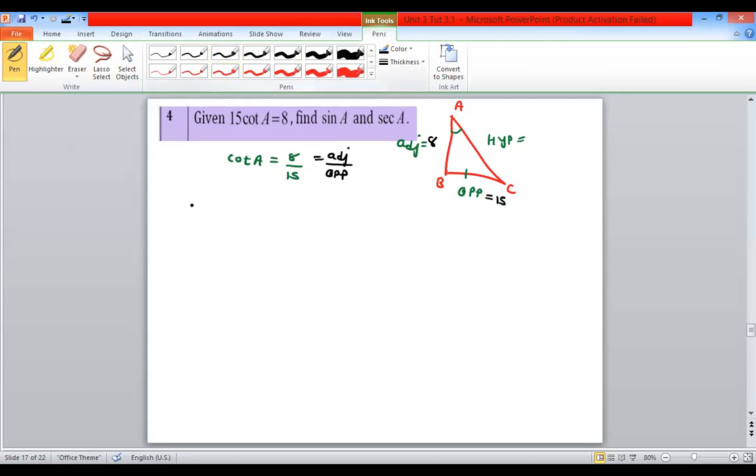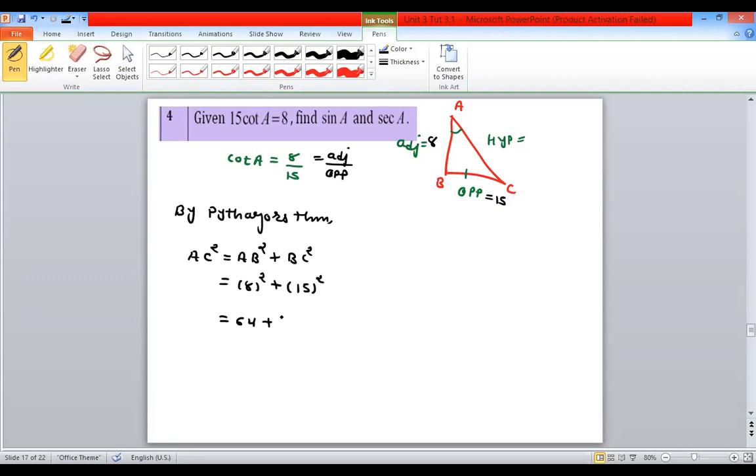So by the Pythagoras theorem, apply this thing. AC square is equal to AB square plus BC square. AB means 8 square, BC means 15 square. 8 squared is 64, 15 squared is 225. Take this sum.